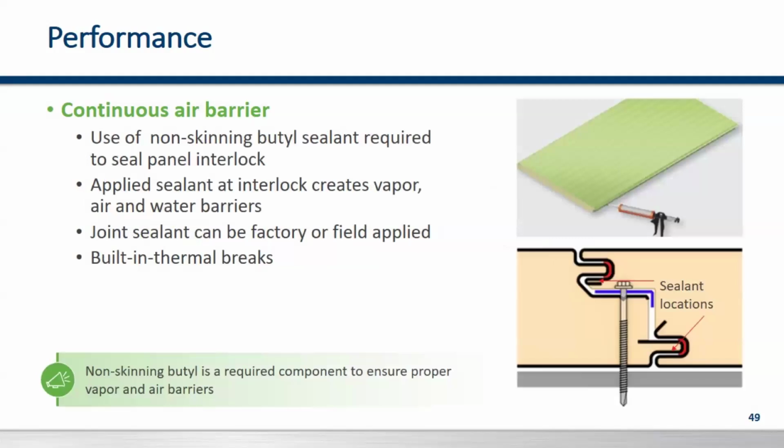So once the building's picture framed and the panels are starting to be put up over the frame, the sealant locations also include the panel interlock. Now I'm showing the sealant in both locations. Typically, the sealant would have to be used on the interior side, which would be the vapor barrier side, but it's always a best practice to provide sealant in both locations.